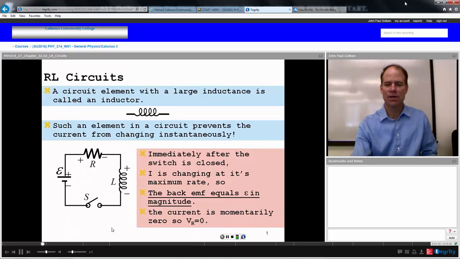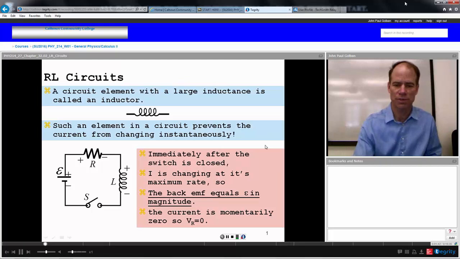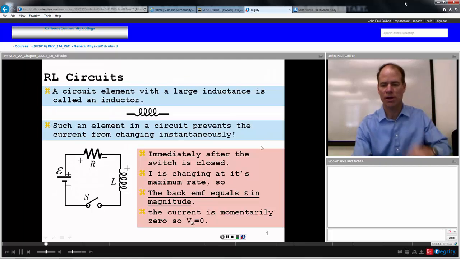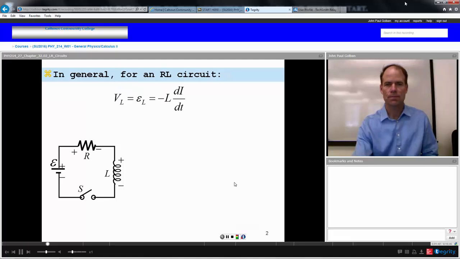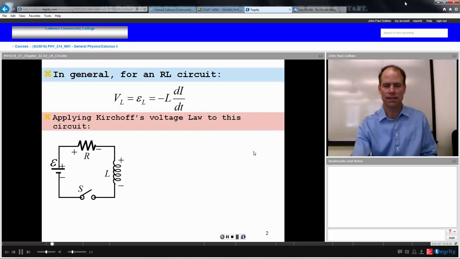So the back EMF would be equal to the forward EMF, and hence the net voltage would be zero if you made your way around the circuit. In general, then, the voltage of an inductance is equal to the back EMF, and it's equal to negative L di dt.